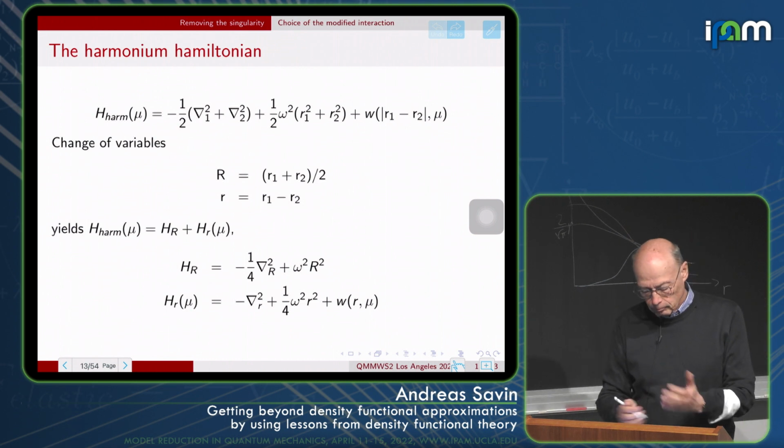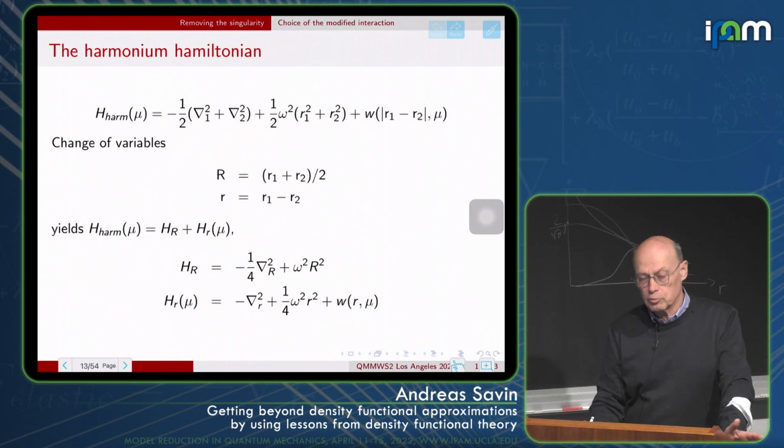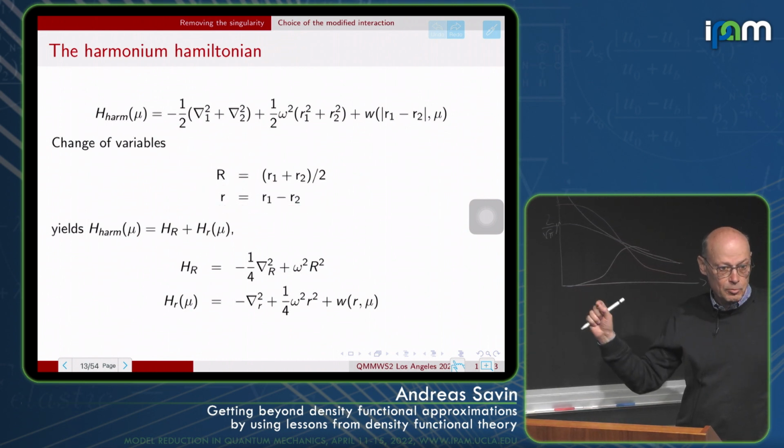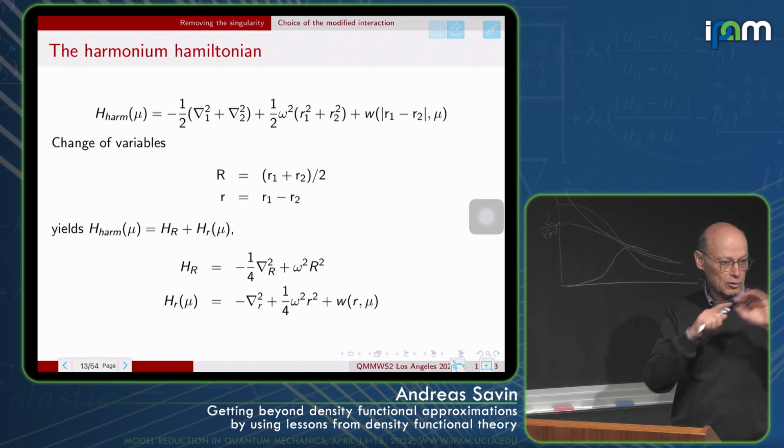And then you make a change of variables, you take the center of mass and the interelectronic distance. The small r on all the sides is just the distance between the two particles, the vector r1 minus r2.